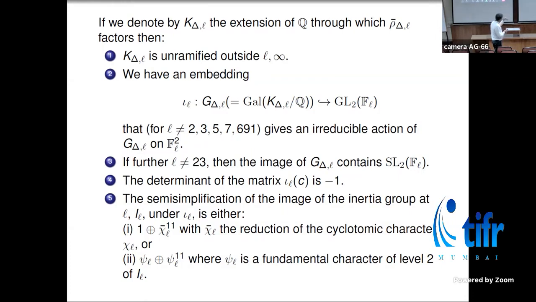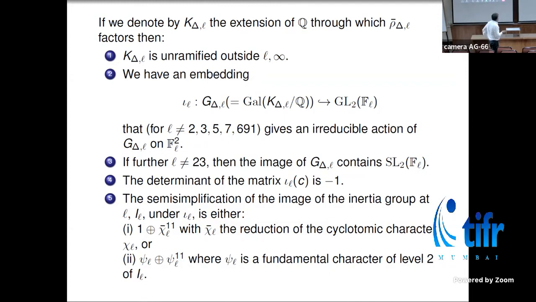It's a finite extension, a number field. It's unramified outside l and infinity. The Galois group of this extension embeds inside GL_2(F_l). If l is outside this exceptional set, then the image of the Galois group contains SL_2(F_l). Under this embedding, the determinant of the matrix at complex conjugation is -1.